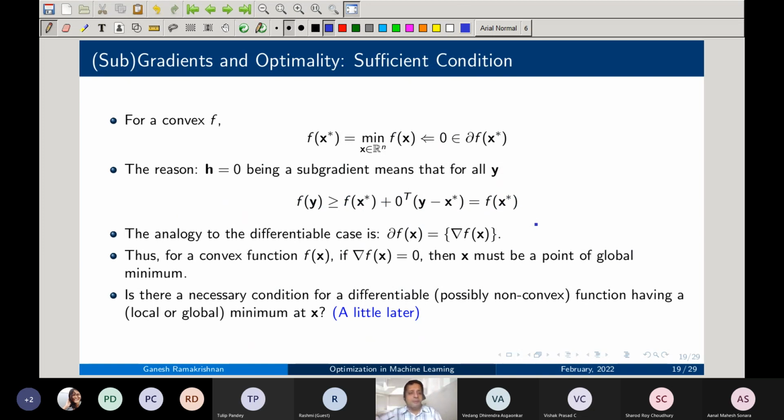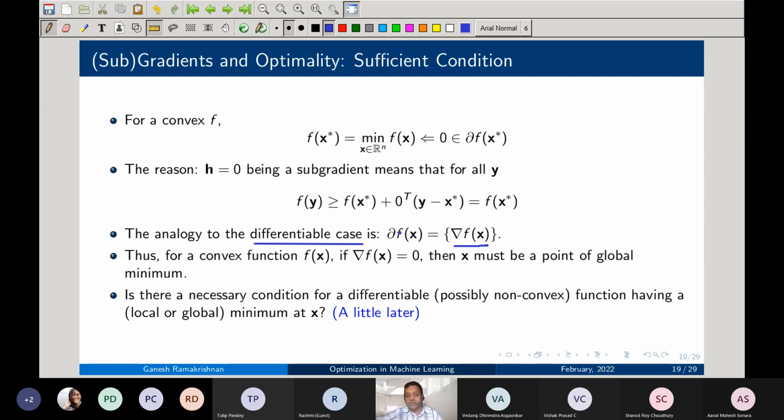So we have a special case of this, which we all are aware of: the case of differentiable f, in which case the subdifferential is exactly one point, one vector, the gradient of f at x. So if the function is differentiable, you just set the gradient to 0 and you get a point x.